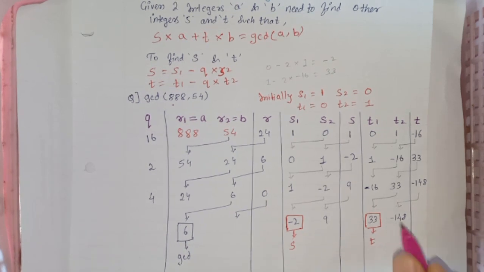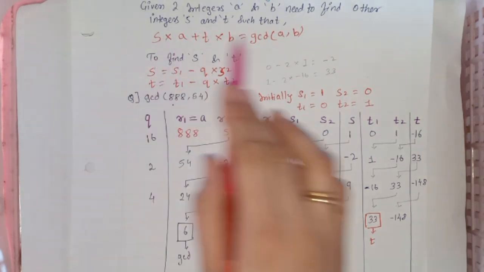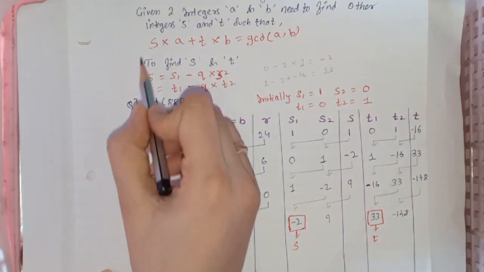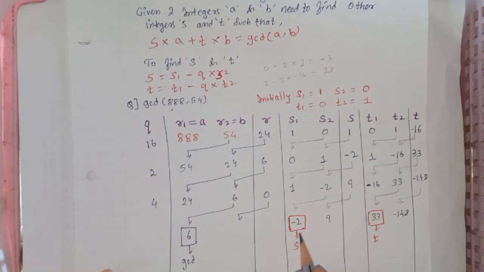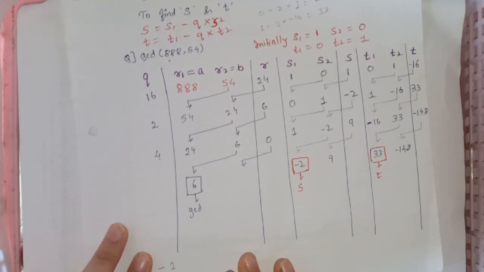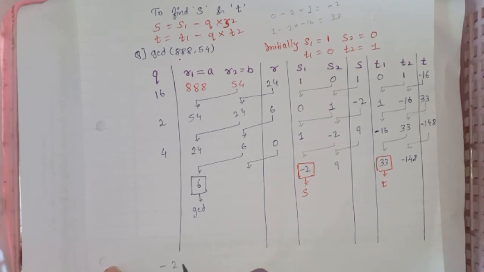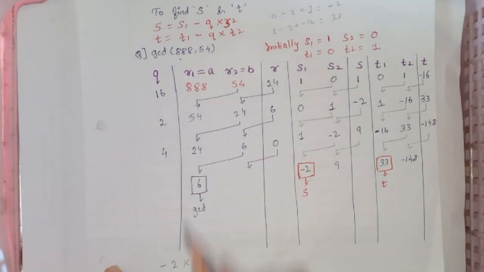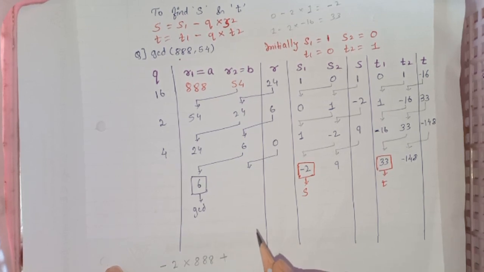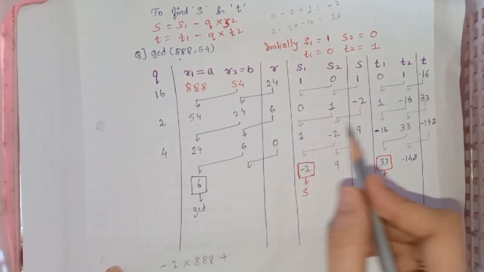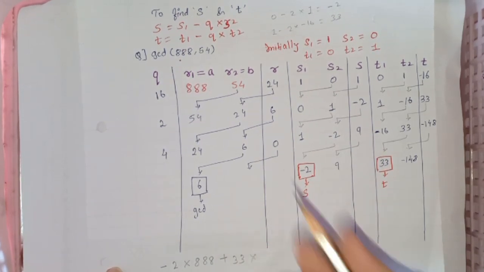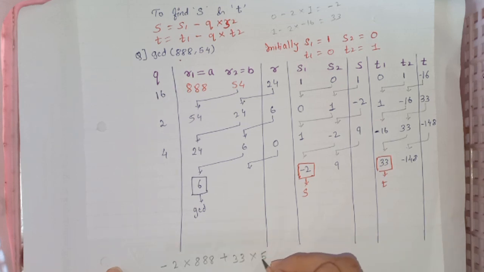So we can put these in the equation above and also check. Let's see. You can use the above equation. So use minus 2 into a, that is 888, plus t, that is 33, into b, that is 54.